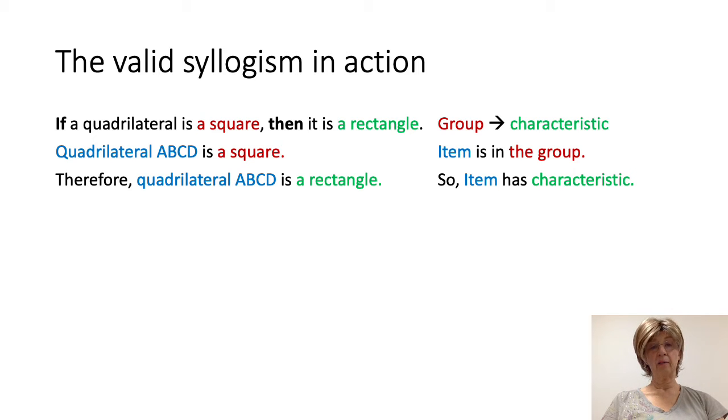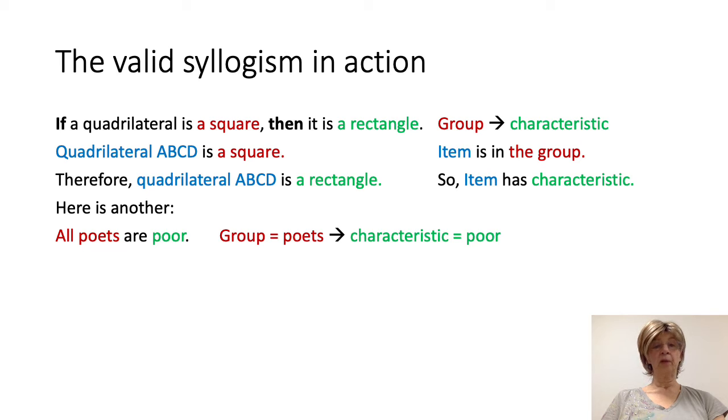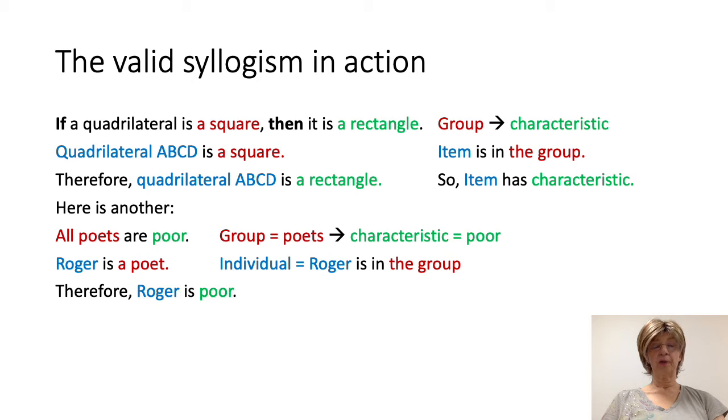So, item has characteristic. Here is another. All poets are poor. Group equals poets. Characteristic equals poor. Roger is a poet. Individual equals Roger is in the group. Therefore, Roger is poor. So, individual has the characteristic.